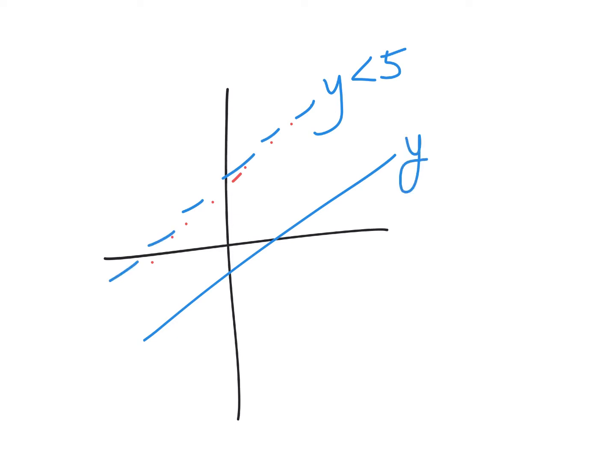If it's y less than or equal to, then you get a solid line. So don't worry about this part. I'm not trying to actually say what they are equal to here. I'm just saying if you have an or equal to, you get a solid line. If you just have a less than or just a greater than, then it's a dotted line. So those are the key little elements.